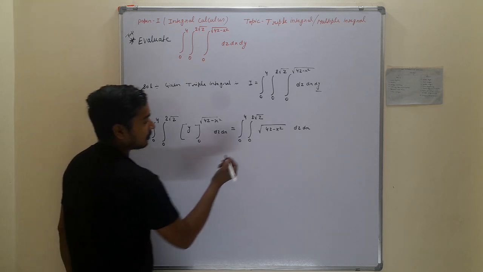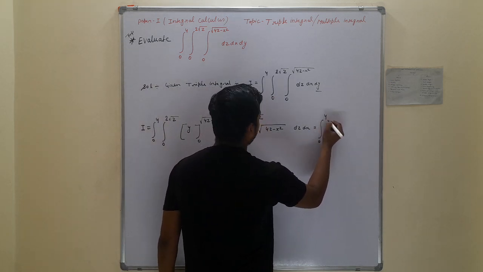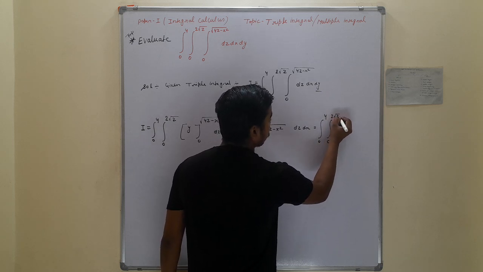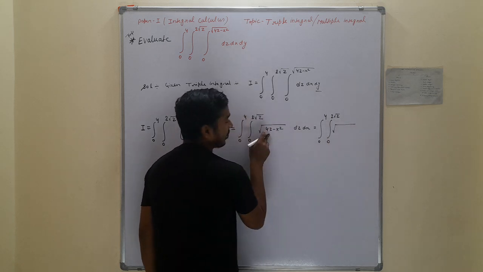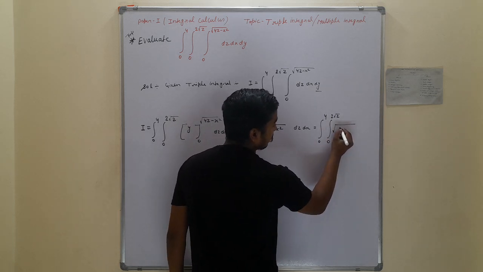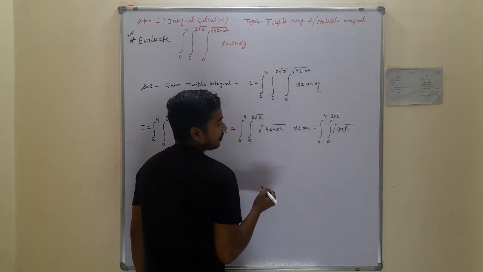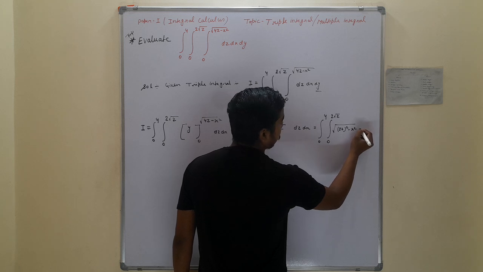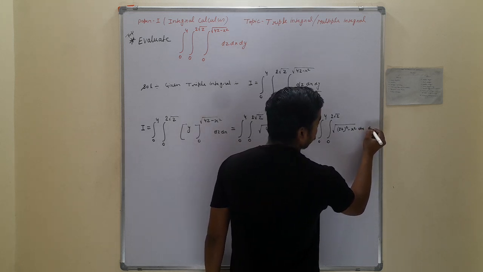We can also write the given integral as 0 to 4 and 0 to 2 root z, and under the root we can write 4z as 2z whole square minus x square, with dx, and dz taken outside.